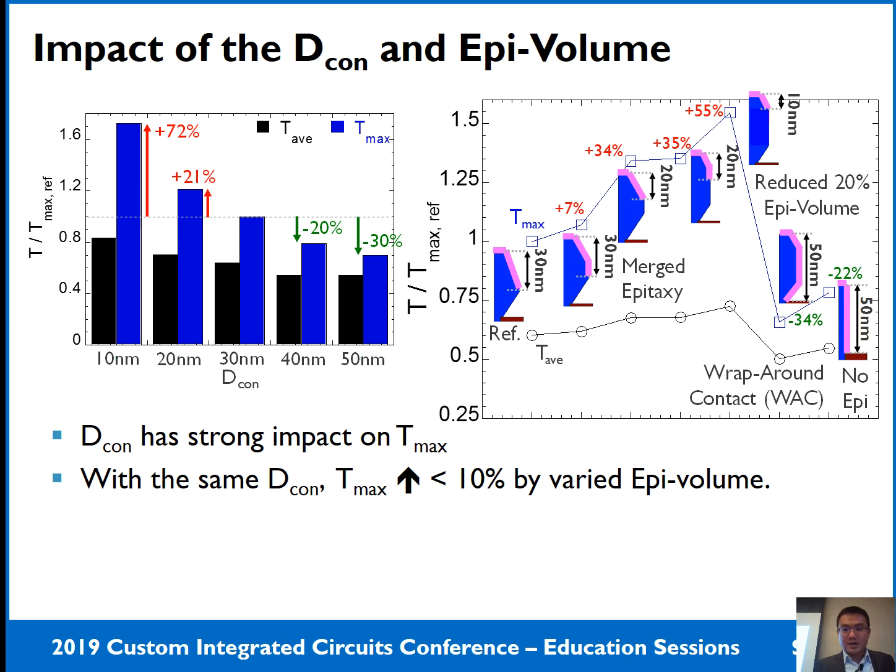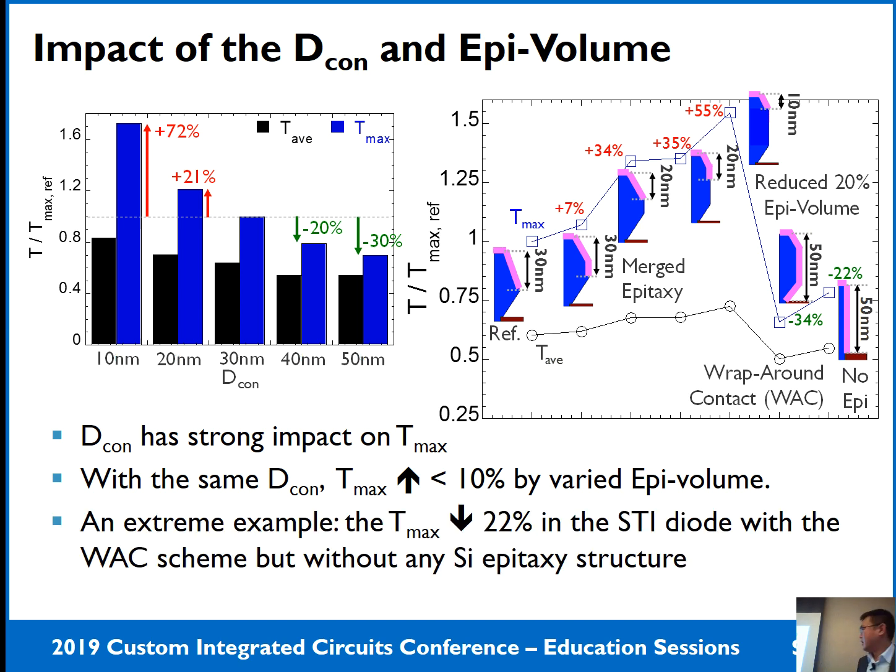So that's why the extreme case is the wrap-around contact. This means that without any epitaxy, you just contact the source drain side by wrap-around. In fact, the maximum temperature can be reduced by around 20% without any epitaxial structure.